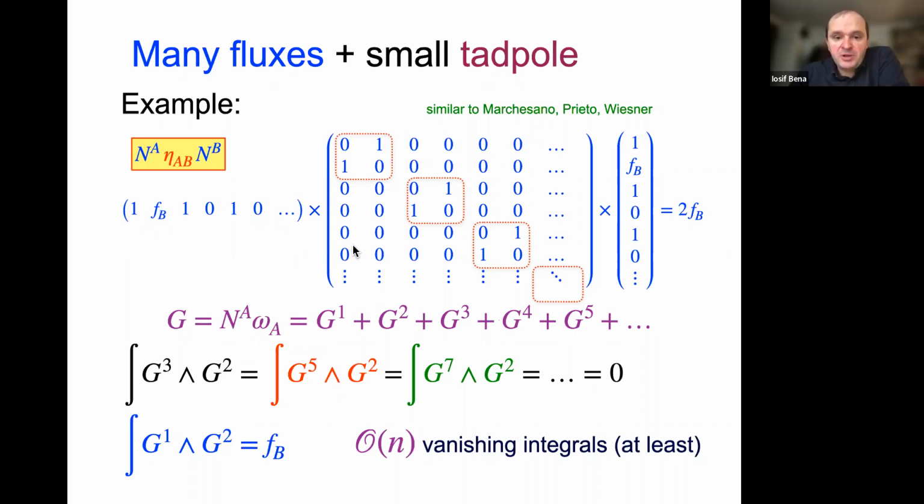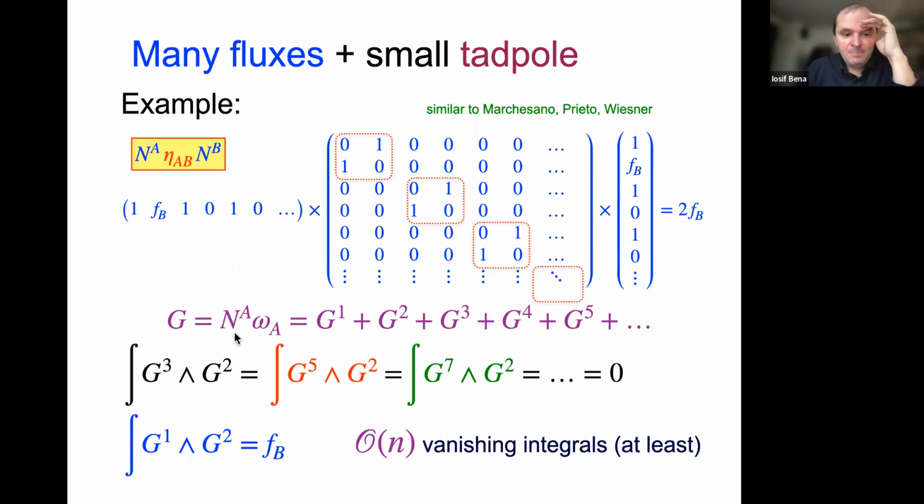If you look at the intersection matrix of the Calabi-Yau in A cycles and B cycles, this is the intersection matrix. So if you put everything on the A cycles and a tiny amount on the B cycles, you find the tadpole is of order 2 times F_B, which is very small. I have n cycles, I put fluxes on all the A cycles and put 1 flux on the B cycle, and my tadpole is of order 2 times F_B.